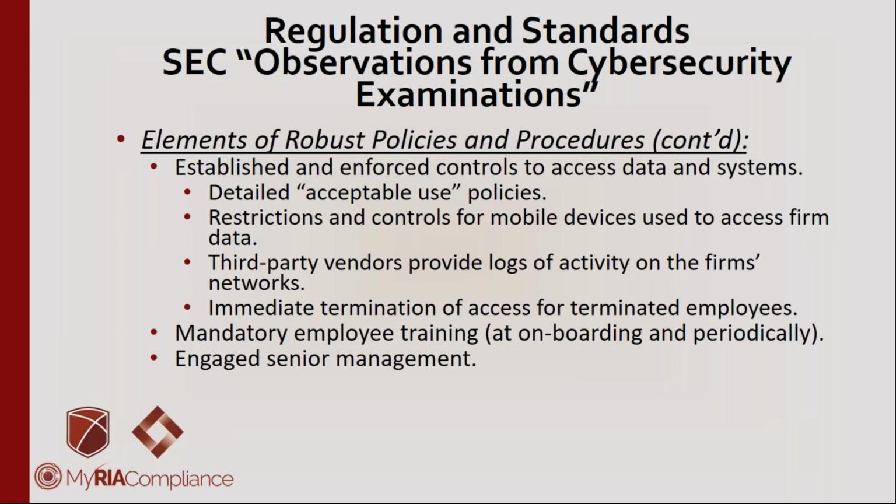If the employee is being terminated and it's not a voluntary termination, you need to terminate that access immediately. If the employee gives you notice, then at that point you have a little bit more flexibility of what kind of access you allow them, but you still need to have a policy and stay on top of that.